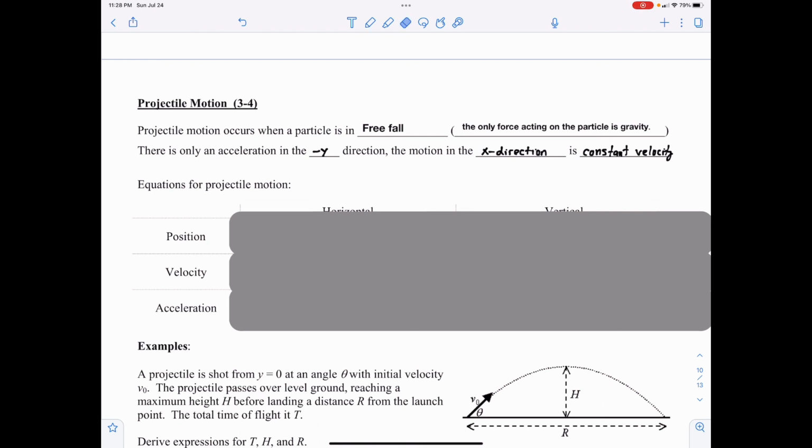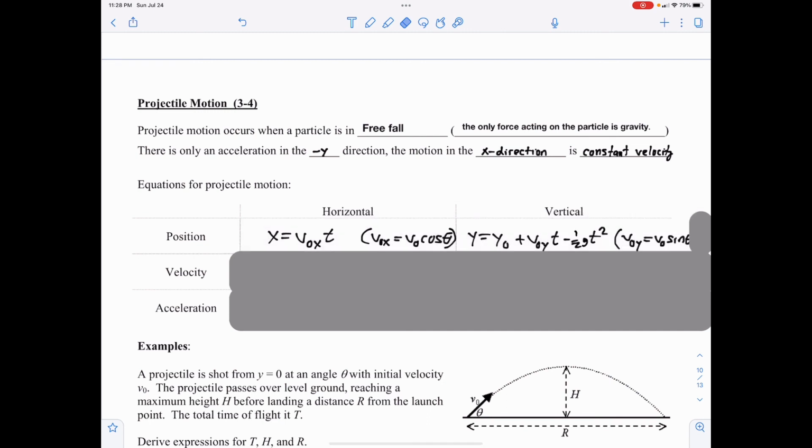So horizontally, in the x direction, if we're moving with constant velocity, then we would use a constant velocity equation. Remember the equation from above, x equals v times t plus x naught? We're going to assume x naught equals 0. We're starting at 0.